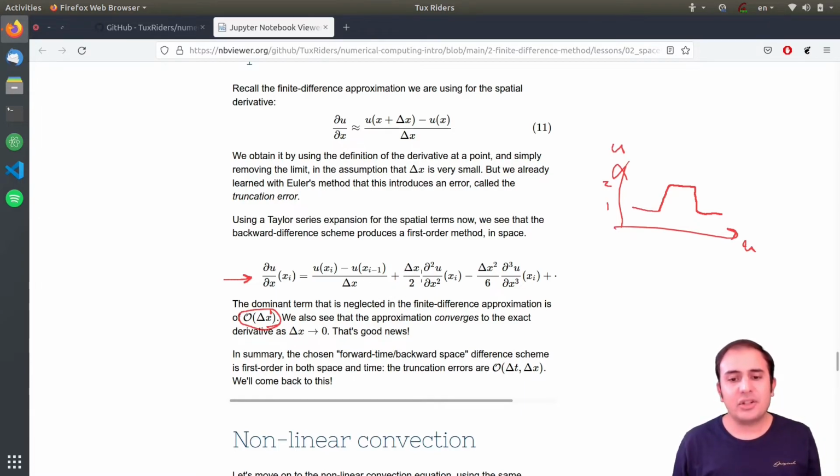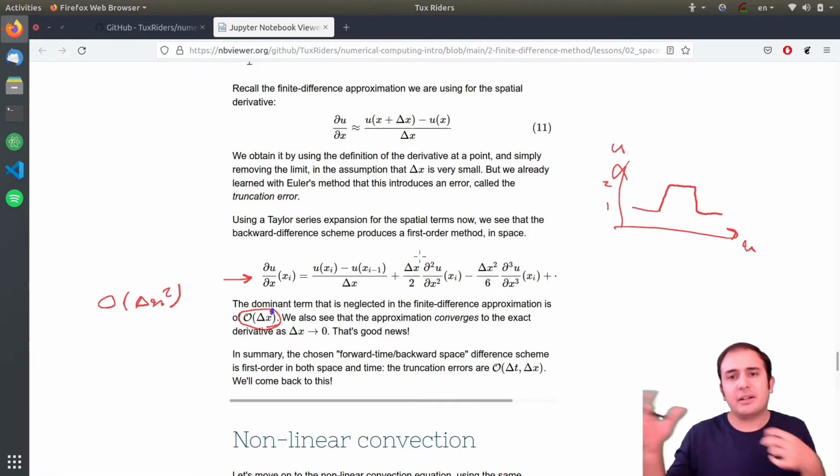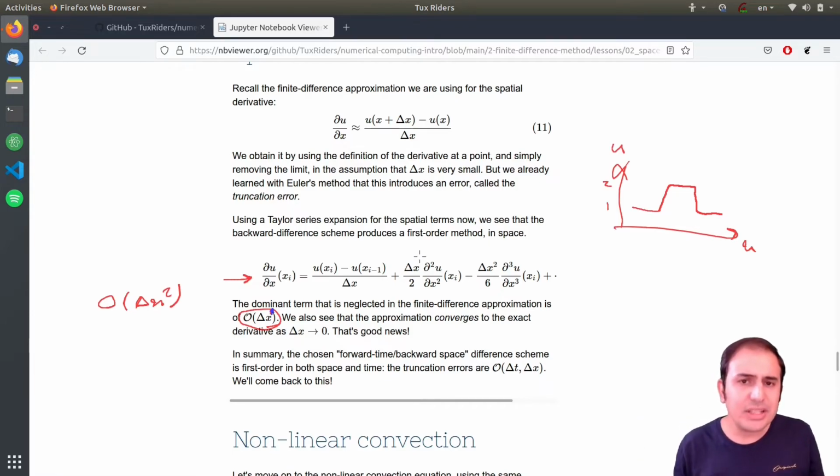We omitted the terms that are higher than the order of 1 here. So when someone says big O notation with the order of 2, it means it's second order accuracy, because we have included the second order of delta x in the formulation, but omitted the higher terms.